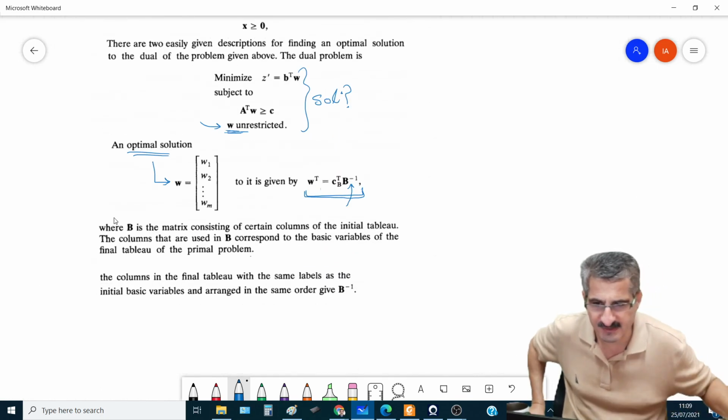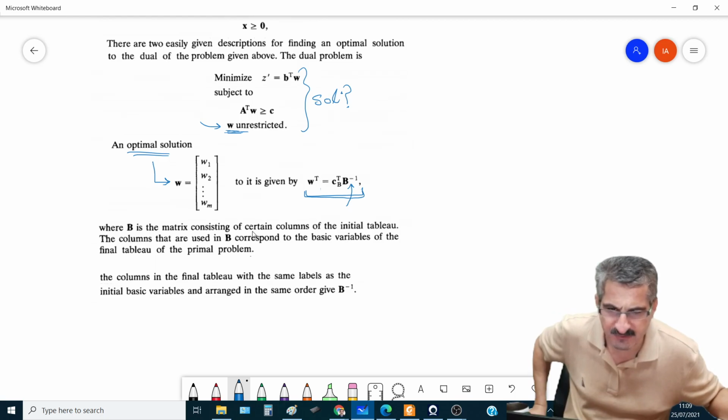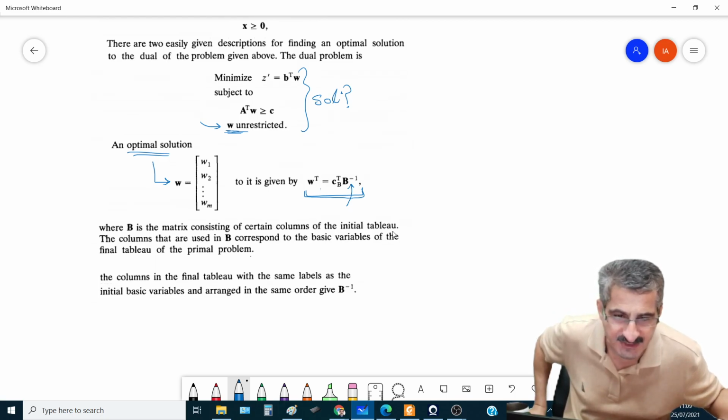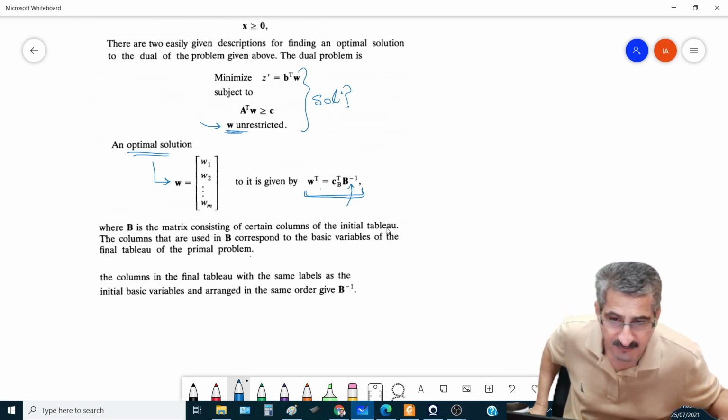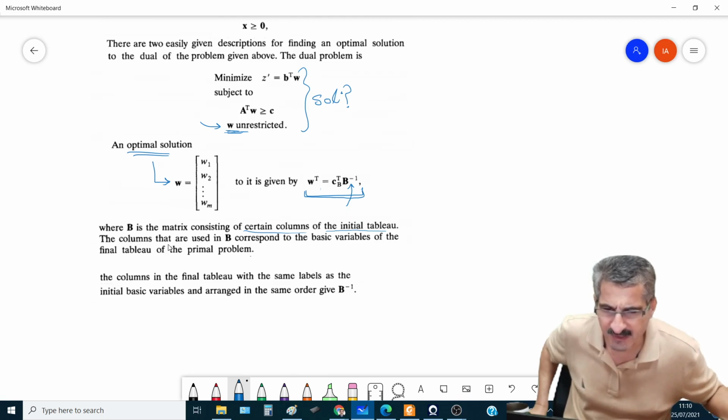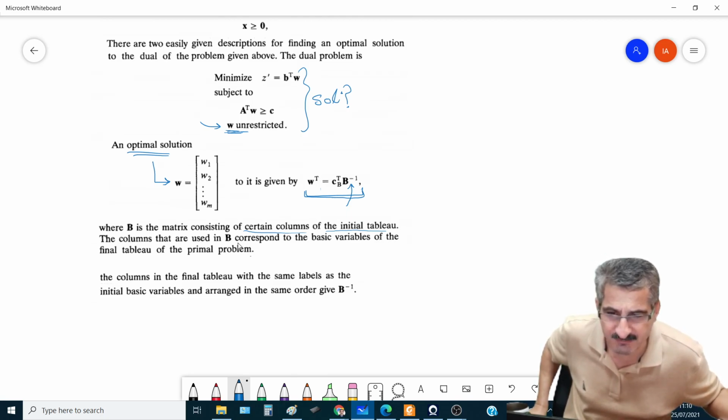It here says where the matrix B consists of certain columns of the initial table. Certain columns? Certain columns of the initial table? Which columns? Okay, let's see. The columns that are used in B correspond to the basic variables of the final table.